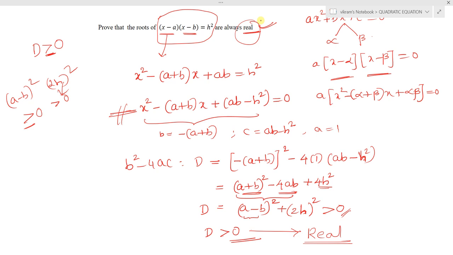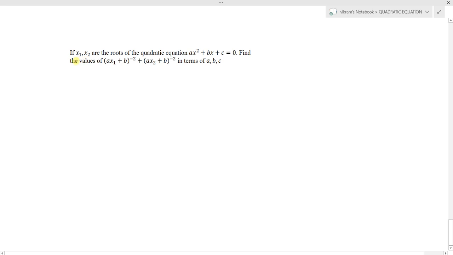Okay, next question is, if x1 x2 are the roots of the quadratic equation ax square plus bx plus c equals 0, find the value of (ax1 plus b) power minus 2 plus (ax2 plus b) power minus 2. In the question he has given that x1 and x2 are roots of the given quadratic equation.